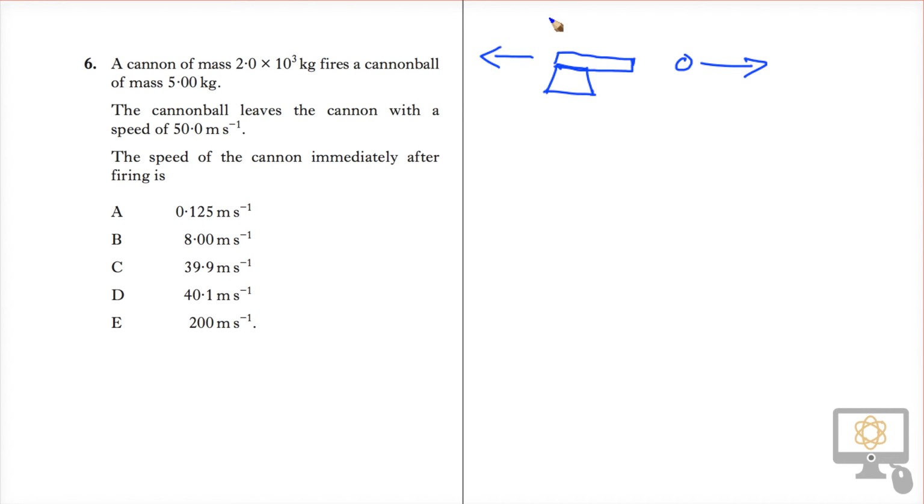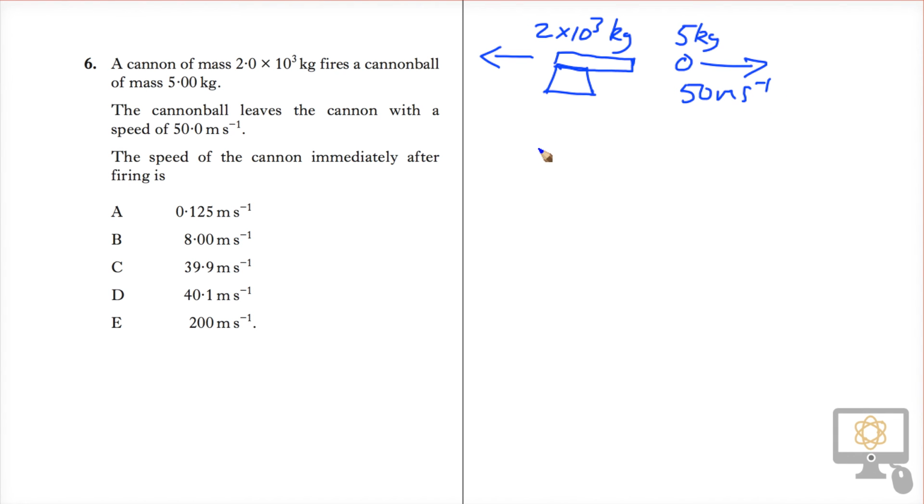So the mass of the cannon itself is 2 times 10 to the 3 kilograms, and the cannonball is 5 kilograms. And we're trying to think of what happens whenever the cannonball is launched with a speed of 50 meters per second.